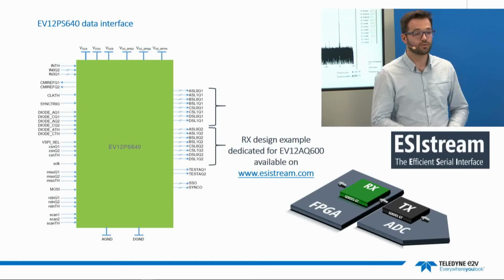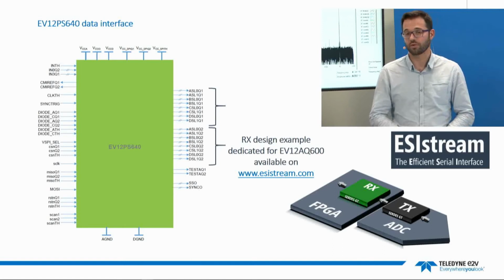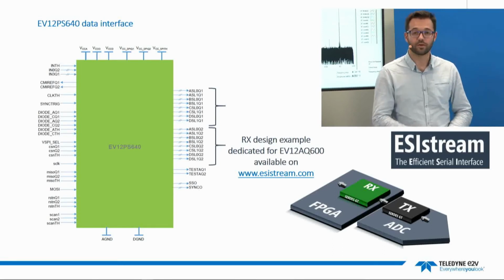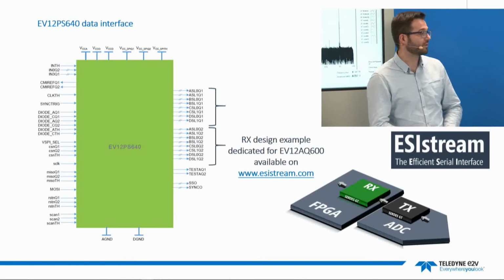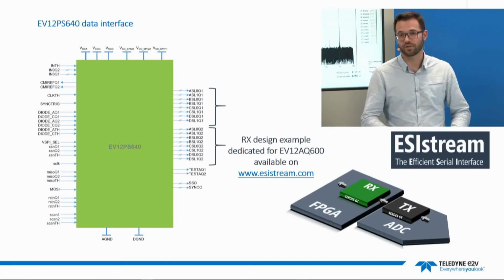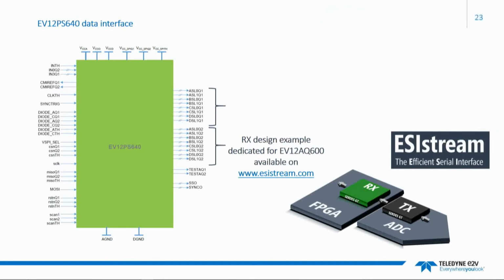We will also, of course, provide a receiver VHDL design example on easystream.com to ease the development and the integration of this device and the interface with a logic device like an FPGA.